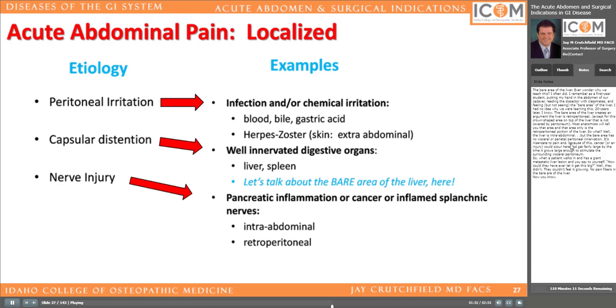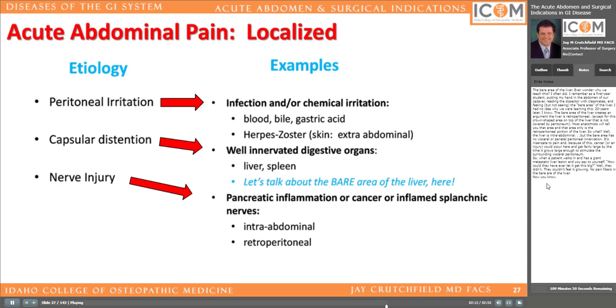The bare area of the liver creates an argument that the liver might actually be retroperitoneal, except for this crown-shaped area on top of the liver that is not covered by peritoneum. Most anatomists will tell you that that area, i.e. the bare area of the liver, is the only retroperitoneal portion of the liver. So what?